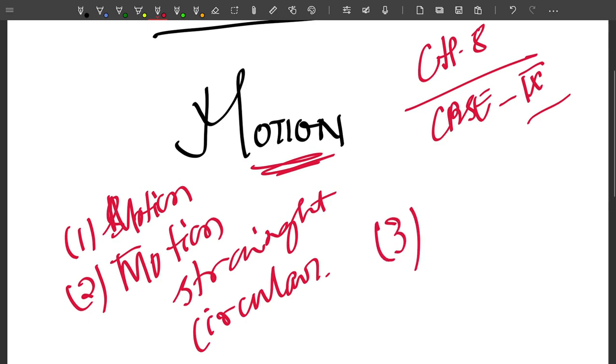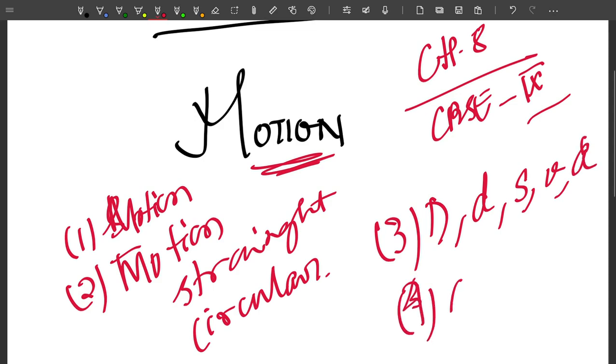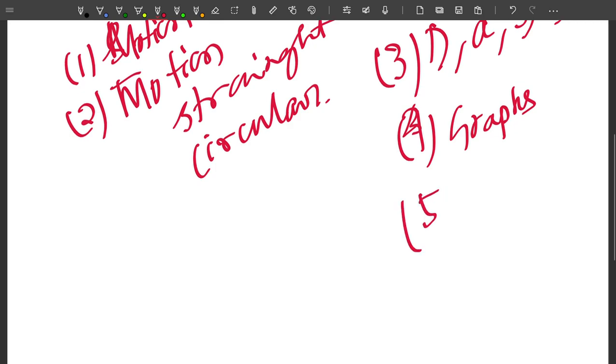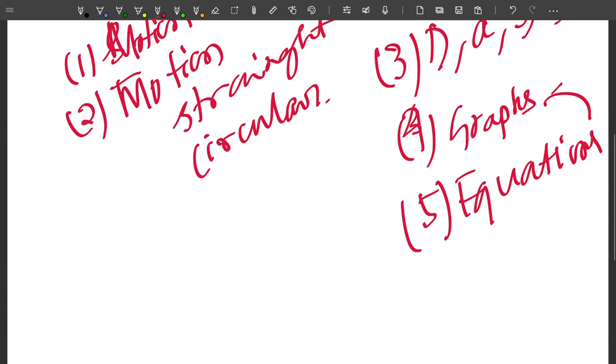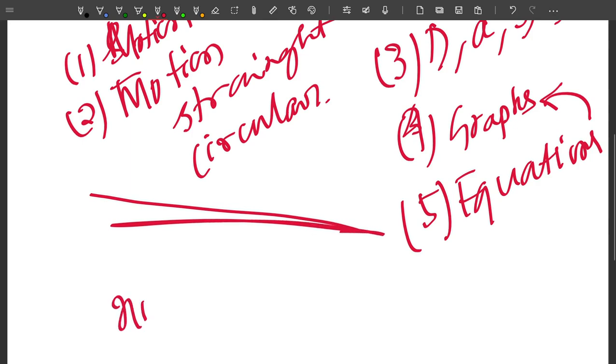Then we will study some parameters like distance, displacement, speed, velocity, and acceleration. Then we will study some graphs, and fifth, we will derive some equations from these graphs, and then we will summarize the whole chapter by doing some numericals.